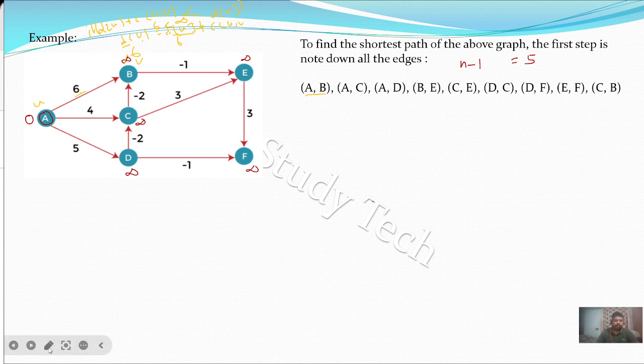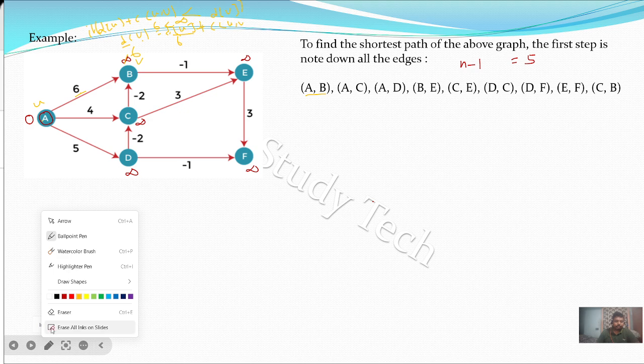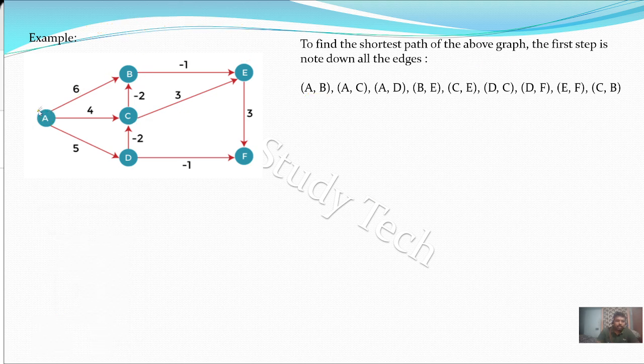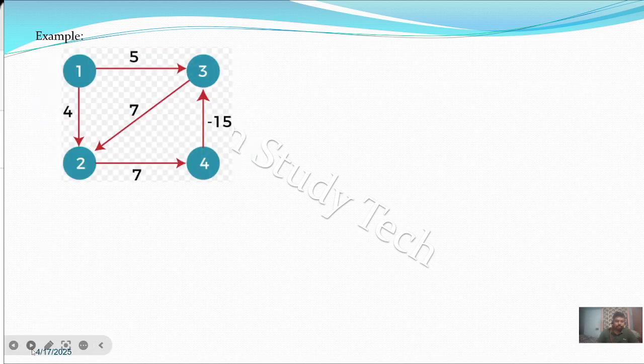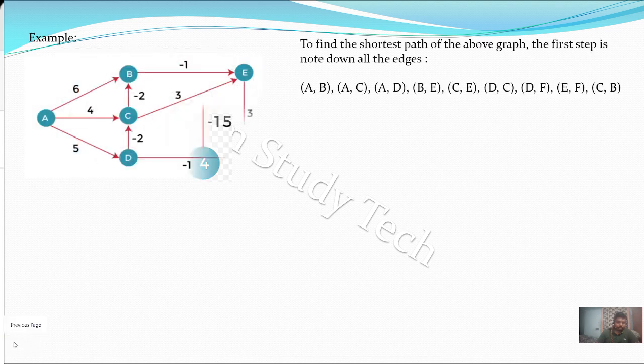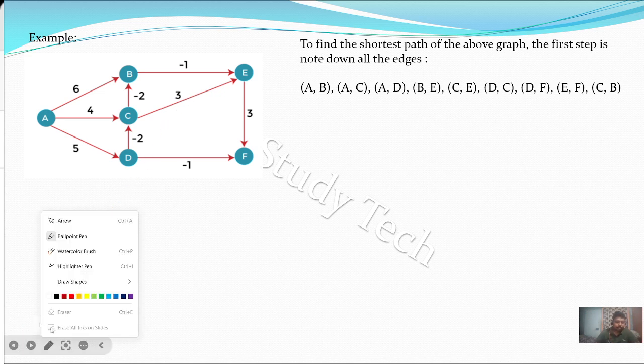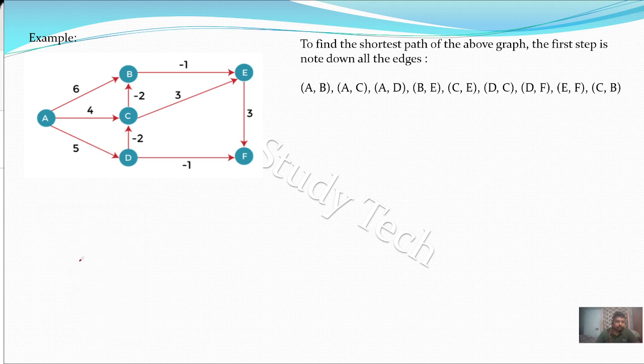Now we can see, initially, the first step: the source is 0 and all remaining vertices are infinity.